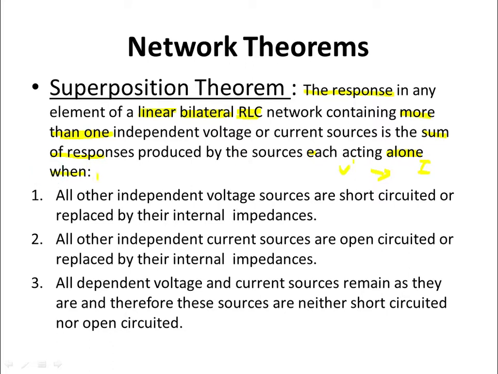Now what do we do for the other voltage and current sources? As you have seen, all the independent voltage sources are short-circuited or replaced by their internal impedances, and all the current sources are open-circuited or replaced by their internal impedances.